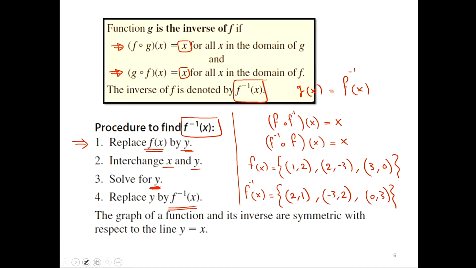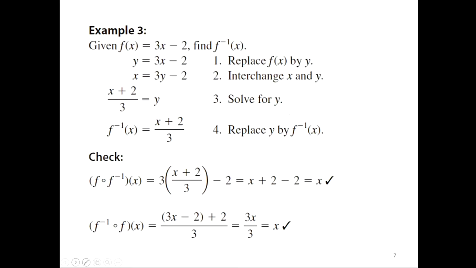Okay? Example about that. So we have 4 steps. Look at this. This is f of x, and we need to find the inverse. Firstly, replace f with y. So remove f, put y. Now, this is the first step. The second step, replace. If we have y, put x. If we have x, put y. Okay, this is the second step.